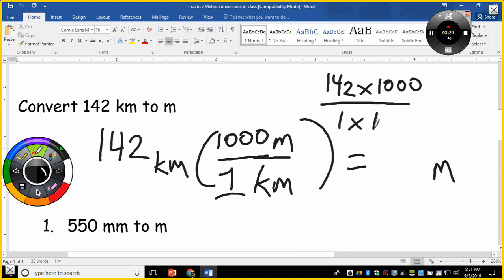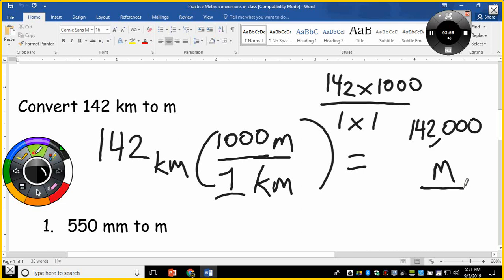So 142 times 1,000 gives you 142,000. So 142,000 meters are for every 1 kilometer of every one of these. So that's how you convert that one. So that's my answer here.